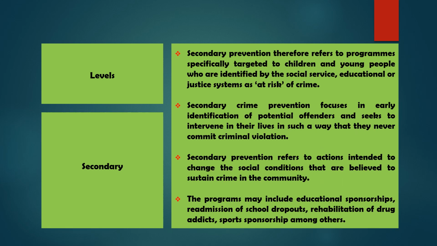The other important category or level of crime prevention is called the secondary prevention. Secondary prevention refers to programs that specifically target children and young people who are identified by institutions such as social services, educational institutions, or justice system as being at risk of crime.